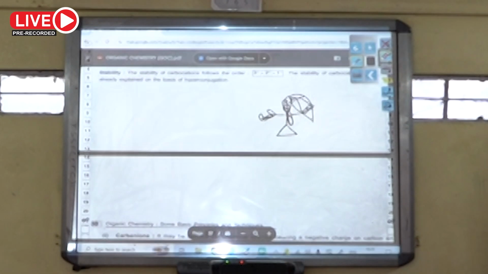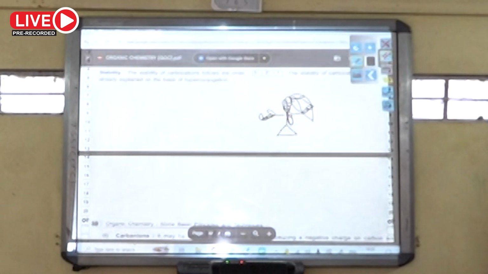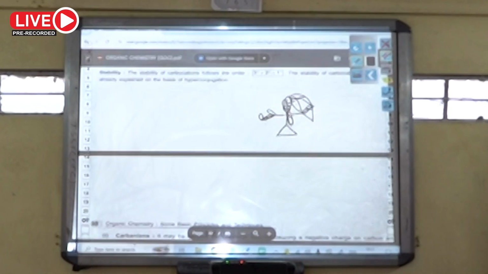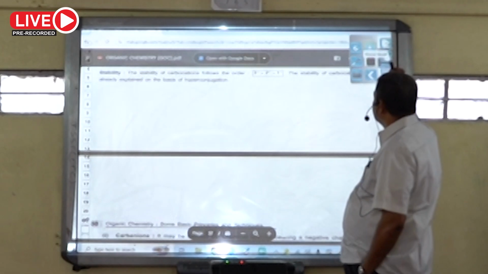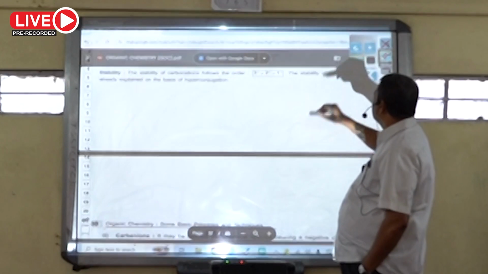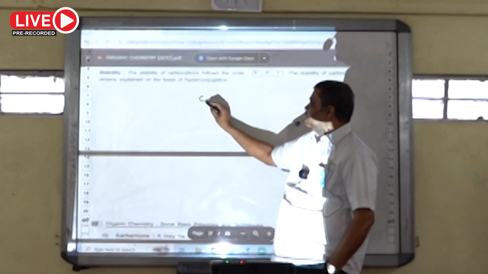Number 2, 1,2 methyl shift. Number 3, by ring expansion. Look at this.